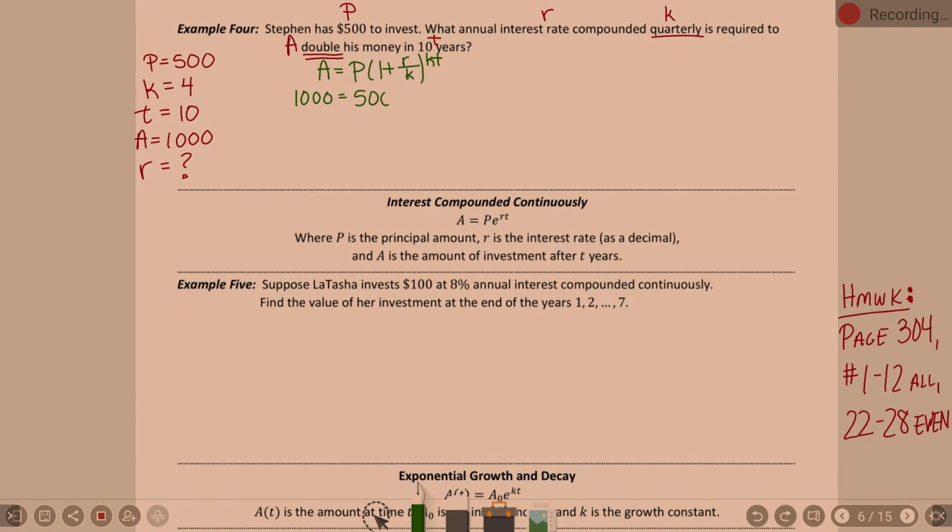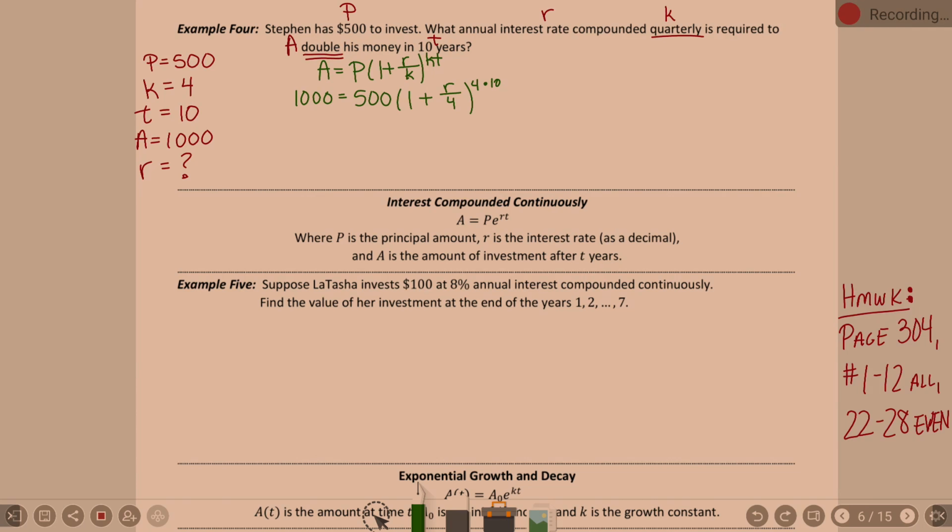P is 500. 1 plus R over 4 raised to the 4 times 10? 40. Okay. Well, thoughts here? Yes, I'll clean up 4 times 10 is 40 here in a moment.